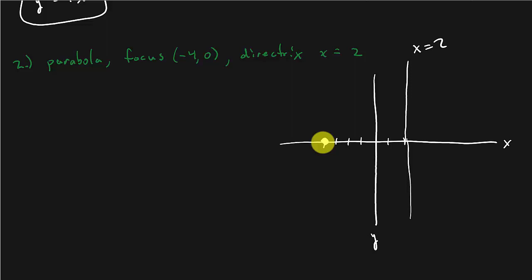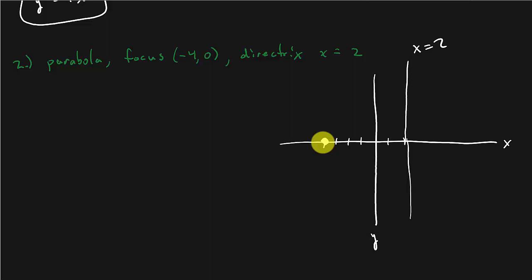Okay? Now, where's the vertex? The vertex is halfway between the focus and the directrix, right? Remember when we were graphing and we had the vertex? How did we get the focus?